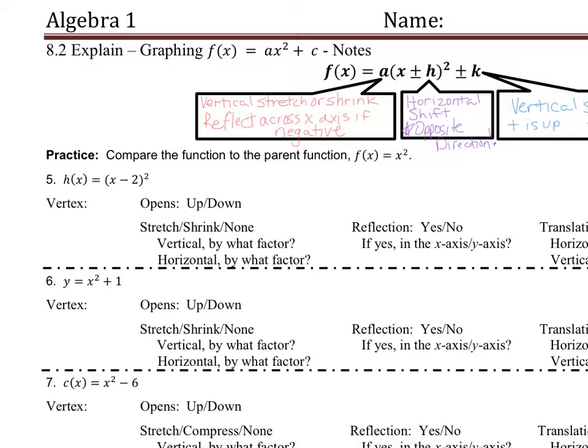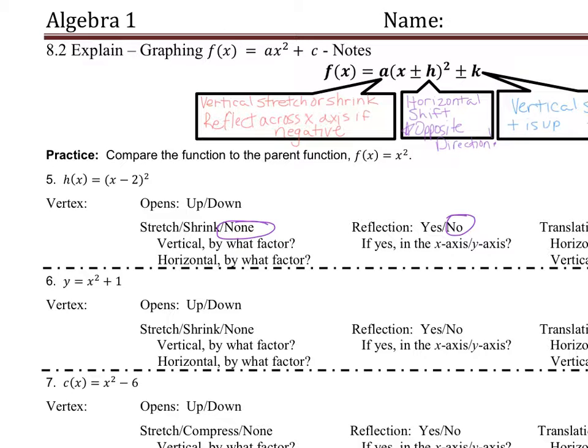So we look at x minus 2 squared. The first thing is we don't have an a value out here, so we know that there's no reflection, and we know that there is no shrink or stretch because we have no a value.